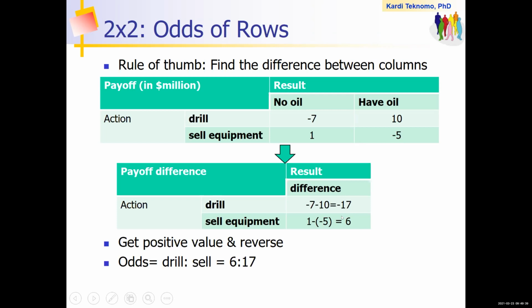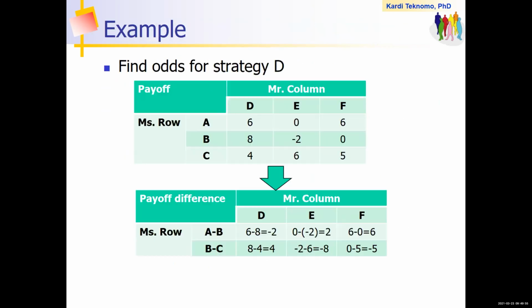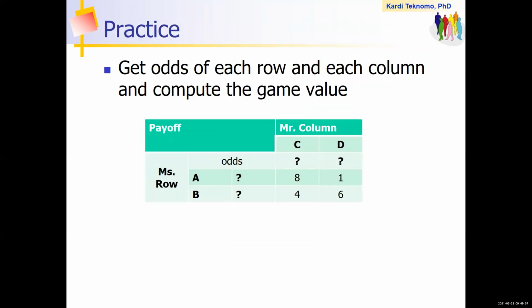So you take the difference and then you take the absolute value, which is 17 and 6, and then you reverse. Yeah, but it was multiplied to minus 20 and 10. So can we go back to the previous slide? Let's go back there.